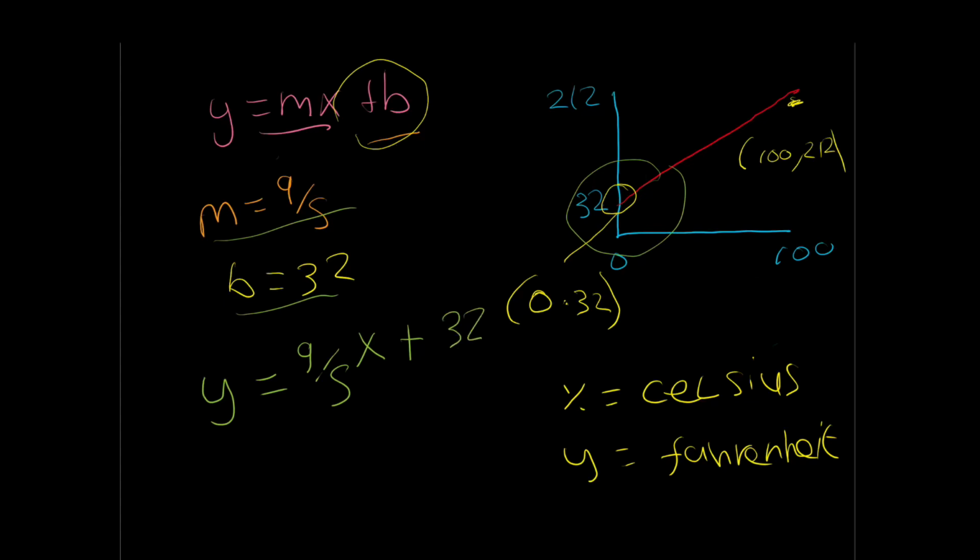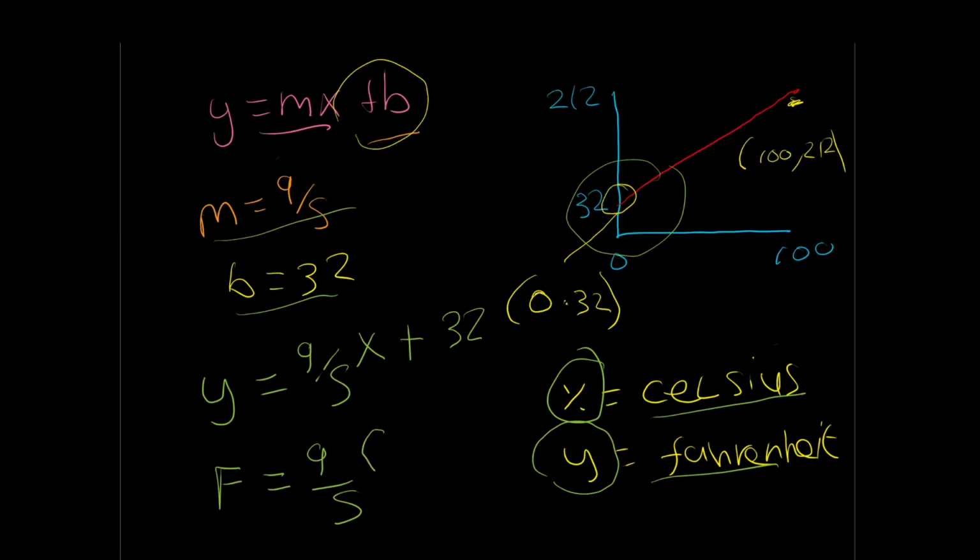Now y is equal to Fahrenheit, so we put F is equal to 9/5, and x is equal to Celsius, C, plus 32.